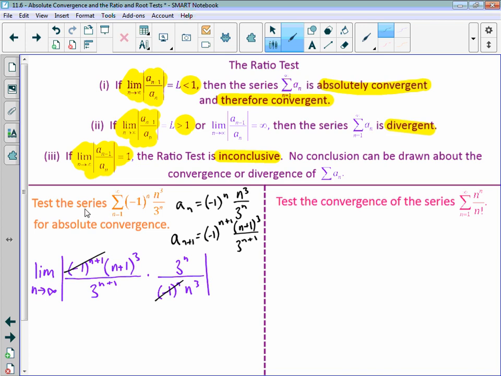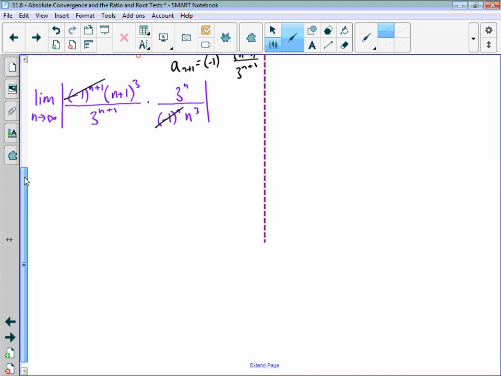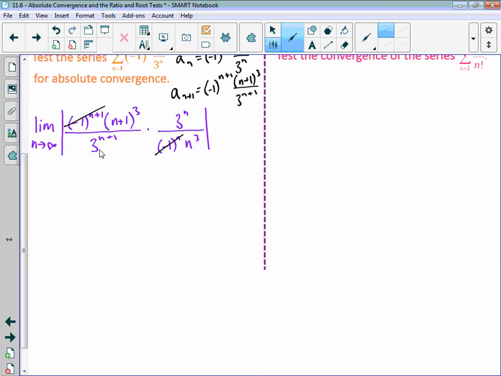And then some of this other stuff I've been kind of prepping you for. So if we're trying to get more to cancel with these 3 to the n plus 1, we kind of talked about this already. What is this going to turn into? 3 times 3 to the n, or 3 to the n times 3 to the 1, right? If you have the same base, you add your exponents. So does that look okay to everyone? So that's what I'm going to put into that spot there.